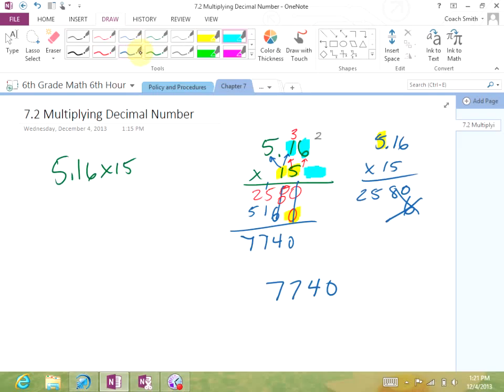So I'm going to put a decimal right here, and move it 2 places, once, twice, to the left, because I have that 2 right there. And I'm going to write 77.40, and that is my answer.